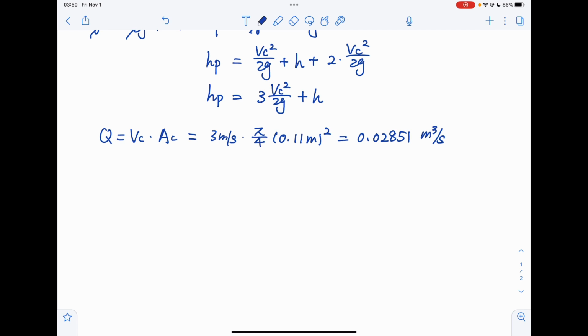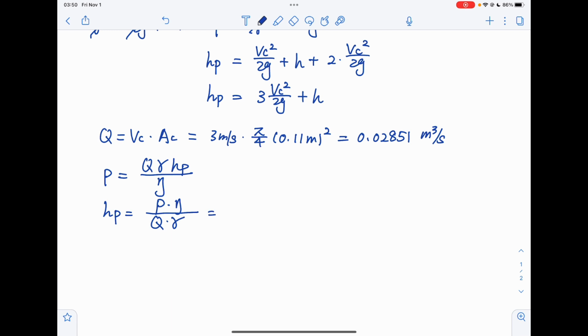Okay, so the power equals Q times gamma times the head of pump divided by the efficiency. So the head of pump equals the power times the efficiency divided by the Q and the gamma.